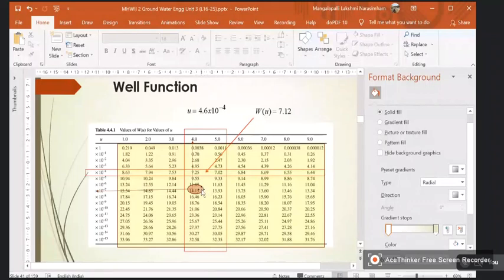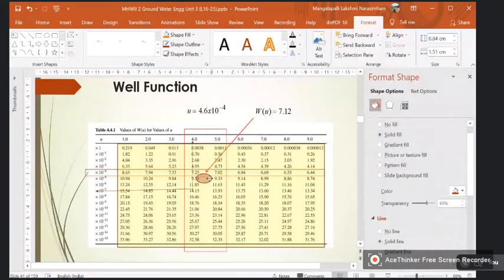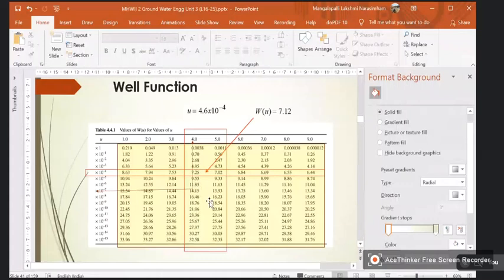The value of W(u) is 14.15. Okay? Do you understand this point? All of you? Yes, sir.